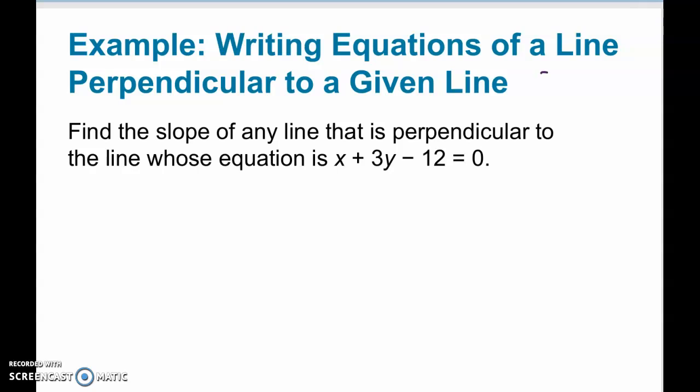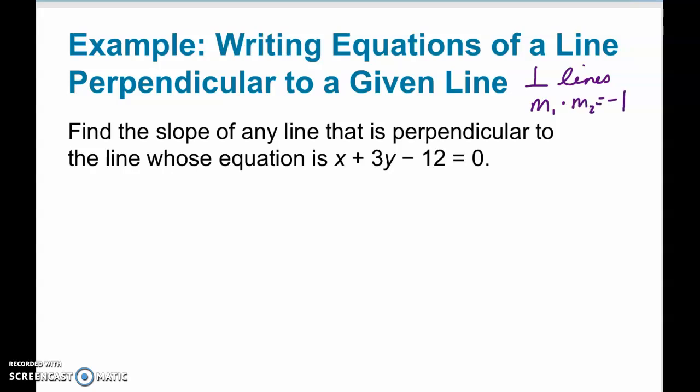The shorthand for perpendicular looks like this. So perpendicular lines have slopes that, when you multiply them together, are equal to -1.